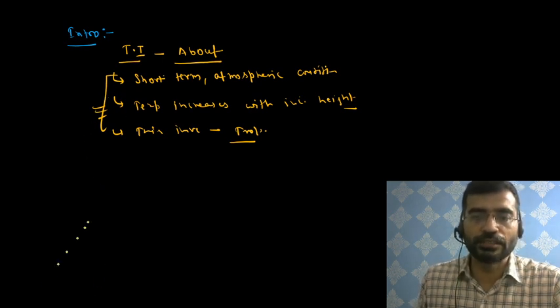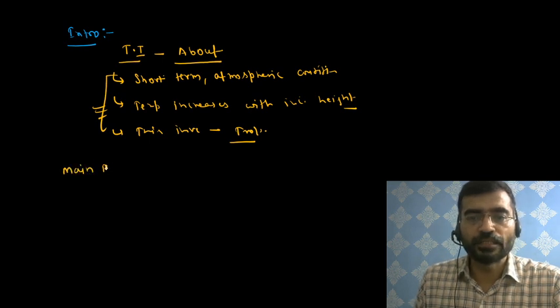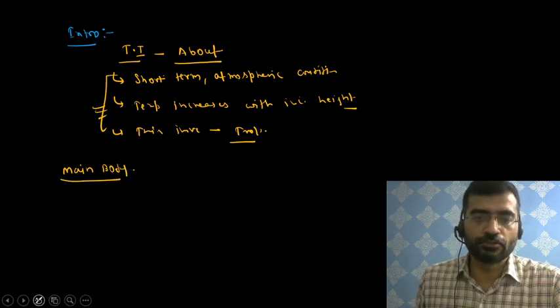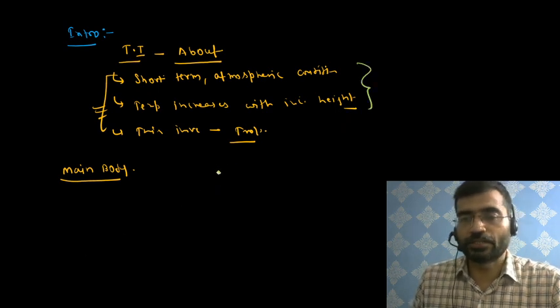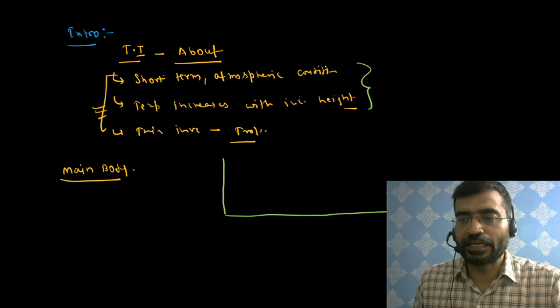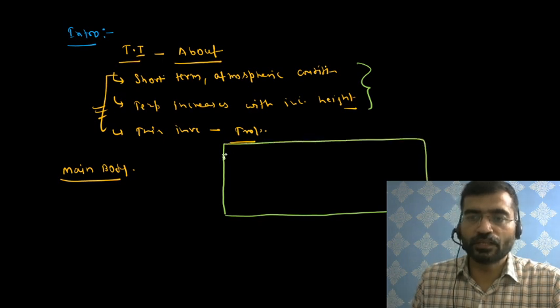Now come to the next point, that will be the main body. So you shall try one more thing to impress your examiner. Having defined temperature inversion, you have to draw the diagram that I have drawn earlier.